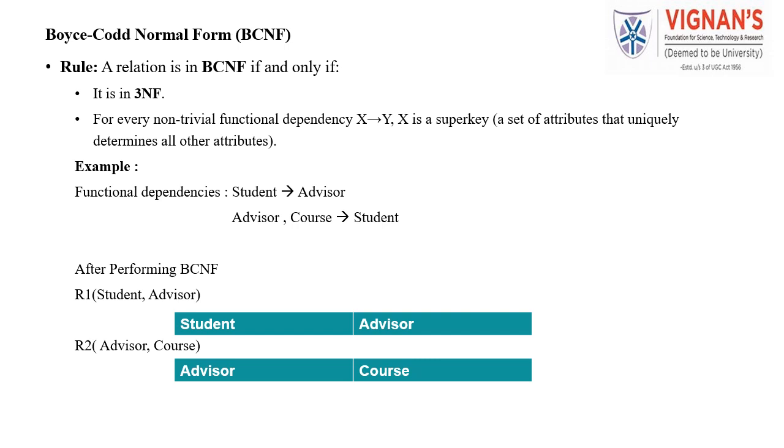This table stores which advisor teaches which course. Here, advisor and course together form a superkey. After decomposition, all functional dependencies have superkeys on the left side. Data redundancy is reduced. The database now satisfies Boyce-Codd normal form.